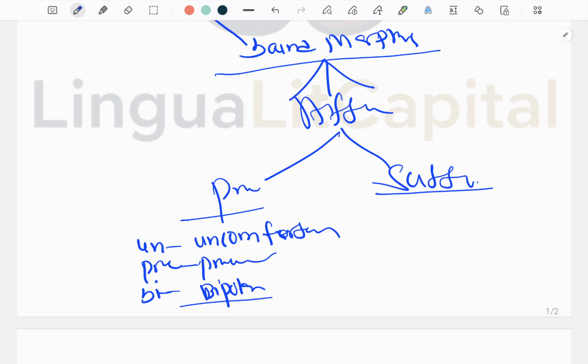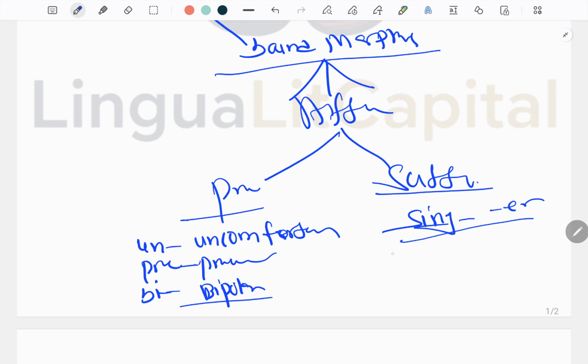Like if we talk about sing, here sing means to sing. But if we add the suffix er, it means a person who has the quality of singing, known to be the singer.